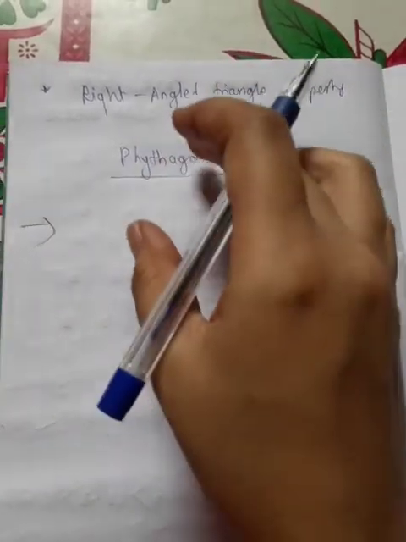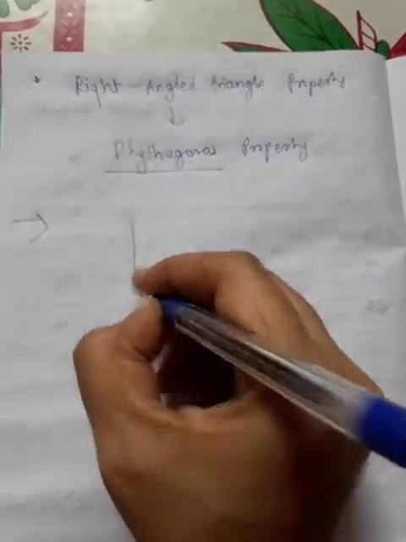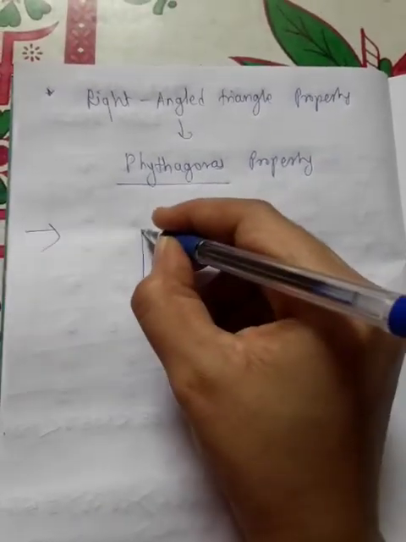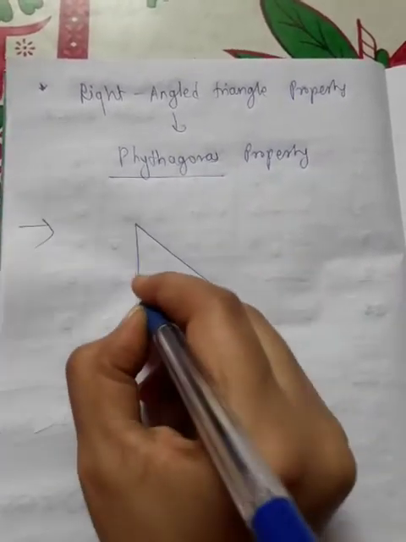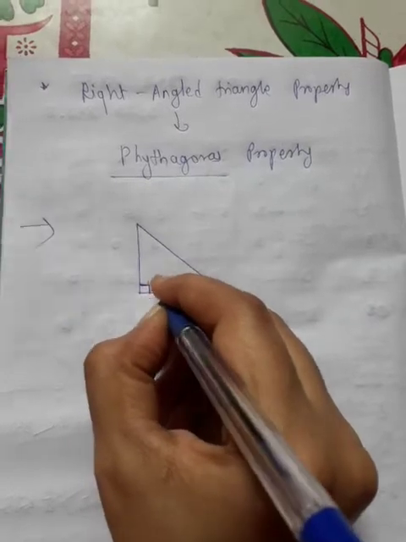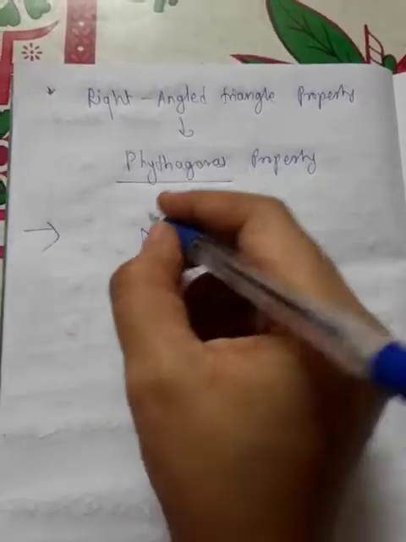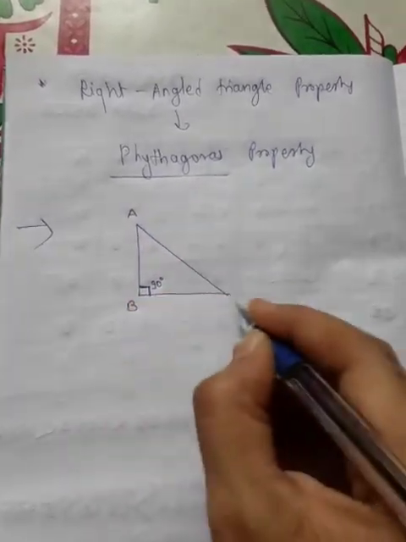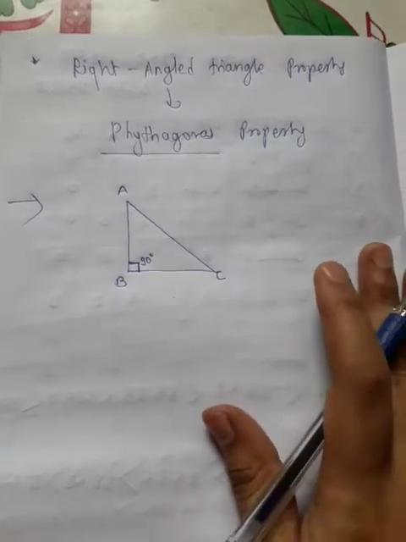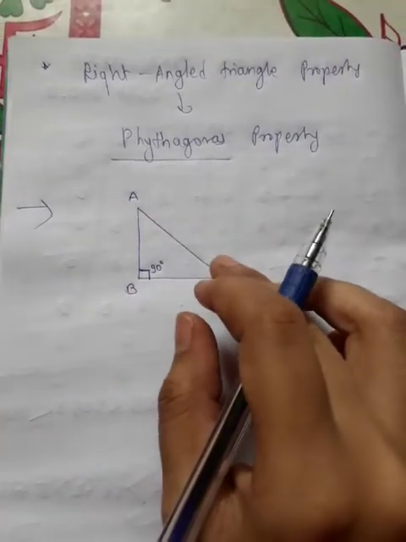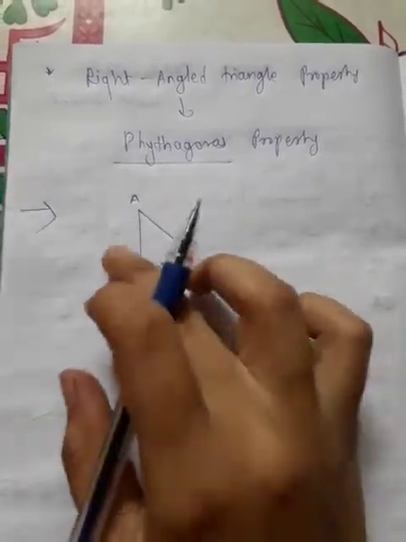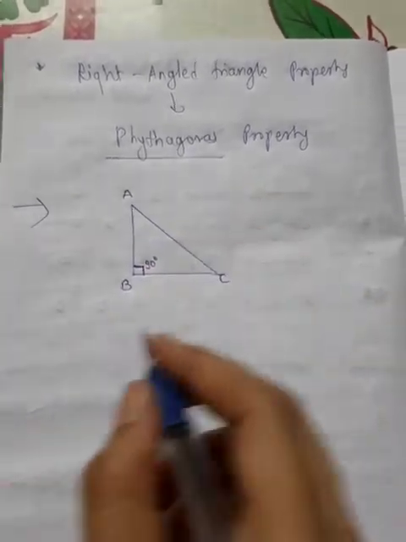Before that, you should know what a right angle triangle is. If one of the angles of a triangle is 90 degrees, then it is a right angle triangle. In a right angle triangle, the three sides have some special names.